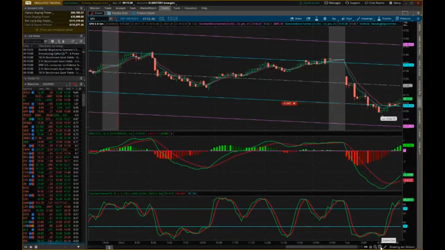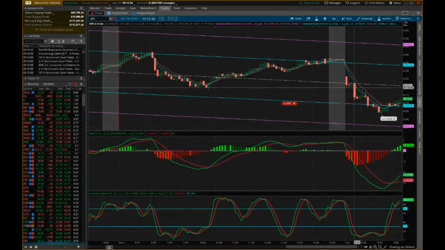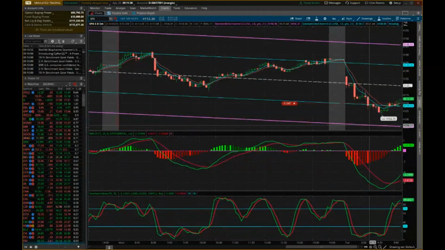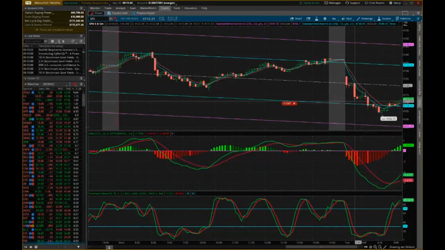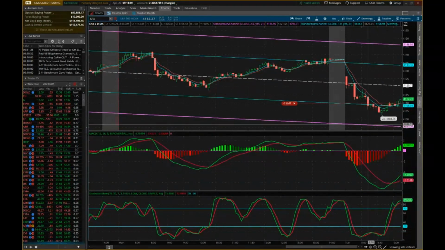So once again, I generally wait for the price of the underlier to be in the bottom LRC band right here. So you got the LRC -1 standard deviation and the LRC -2 standard deviation.